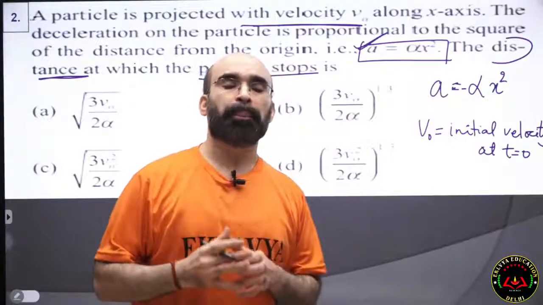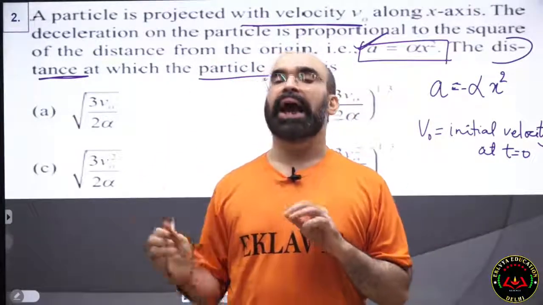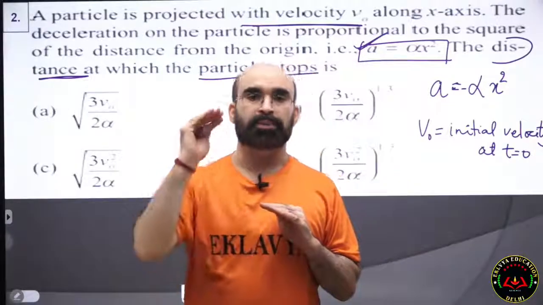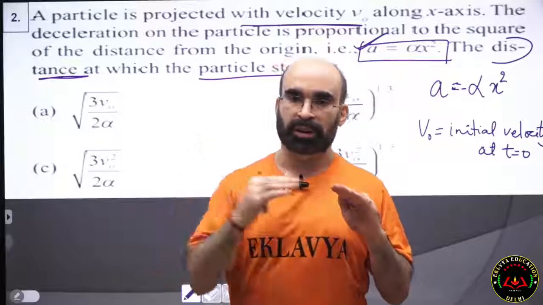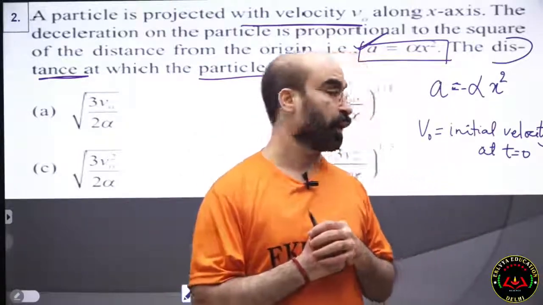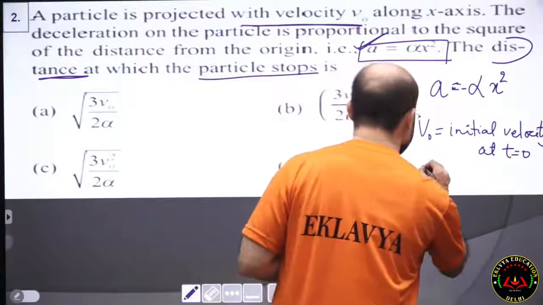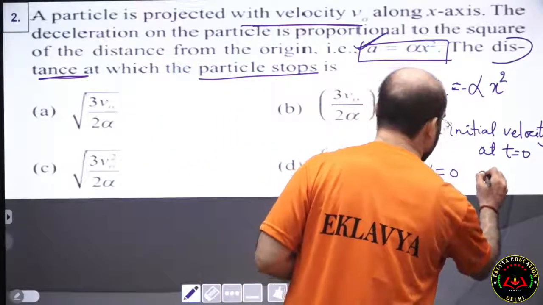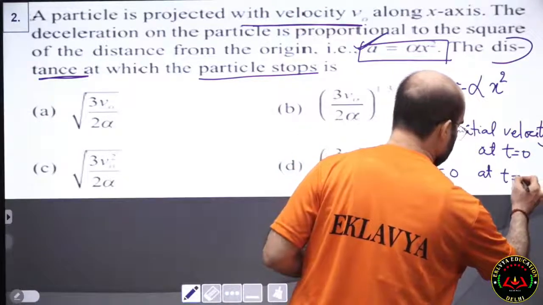Why negative? Because particle started off with some velocity and it is stopping, it is becoming zero. That means velocity is decreasing and negative acceleration is happening. So negative acceleration, okay. So final velocity is 0 at t equals, whatever, at t seconds, right?